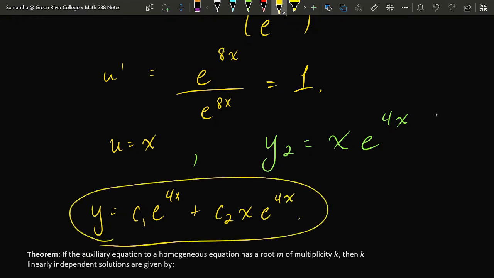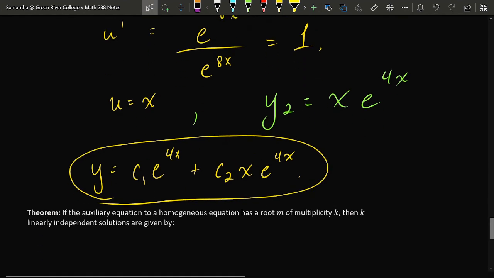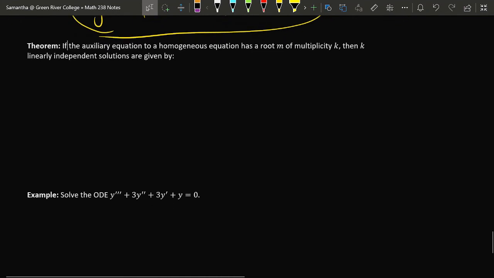Now, to sum up what we found in the previous exercise, we have the following theorem. Suppose that your auxiliary equation to a homogeneous ODE has a root of multiplicity k.